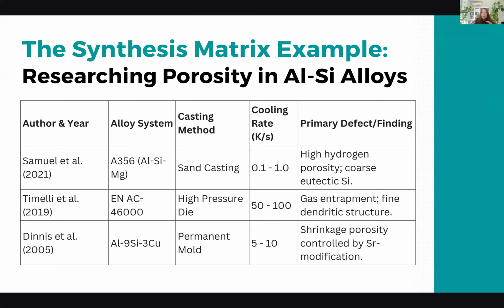Another approach using this same data could be by structuring your literature review around different types of defects. So, for example, you could focus one section on gas porosity, the next one on shrinkage defects, and the third one on burn-on, for example.